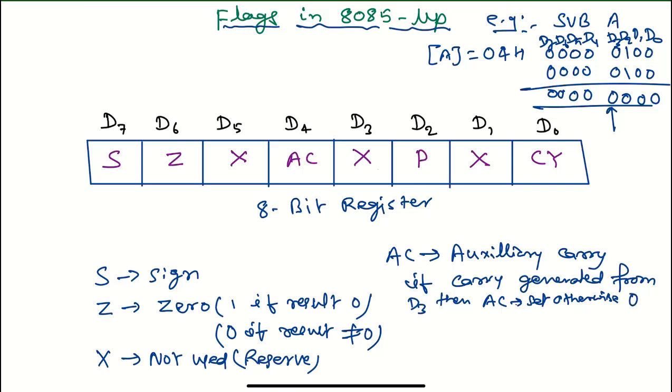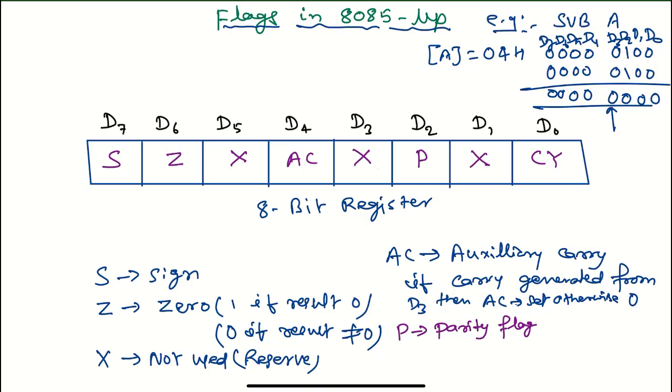Now the next flag is assigned to the bit position D2. This P is called parity. Parity flag, or we can say parity bit. This will be set or reset based on the result obtained after performing certain arithmetic or logical operations.